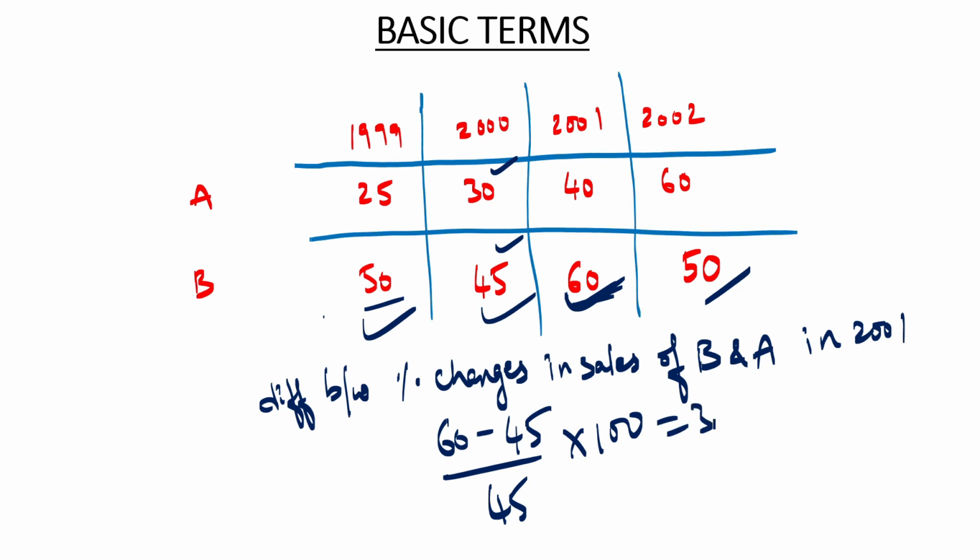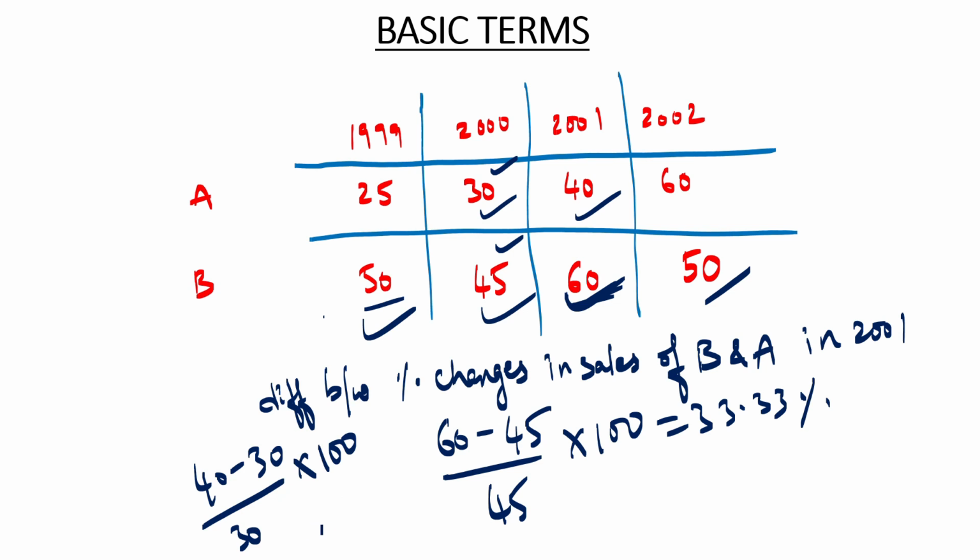This will be equal to 33.33%. Consider company A, this will be 40 minus 30 by the initial value, which is 30, into 100. This will be equal to again 33.33%. So we are asked to find the difference between these two percentage changes. This will be equal to 0.